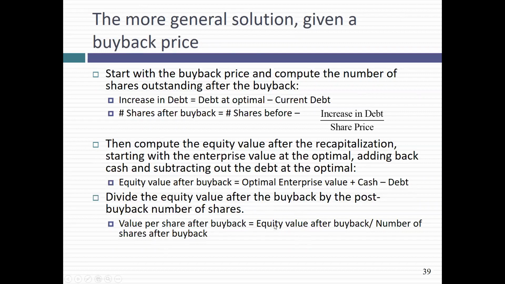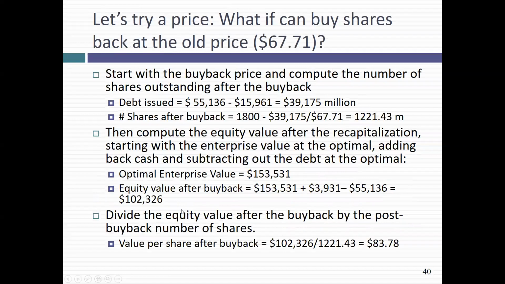That gives us the value per share after the buyback that we're giving to people who kept their shares. The buyback price is how much we're offering people who actually sell their shares, while this is how much people are making if they keep their shares.